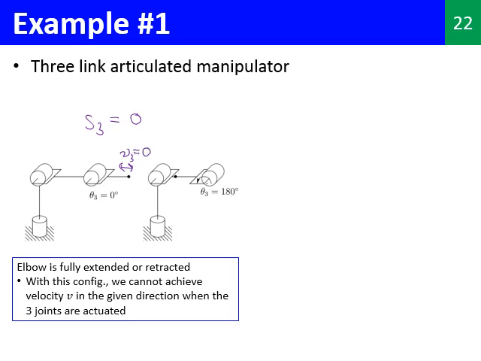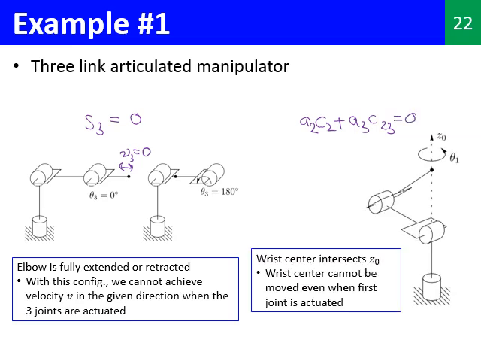The second case is when A2 C2 plus A3 C23 is equal to 0, and that corresponds to this configuration on the right.